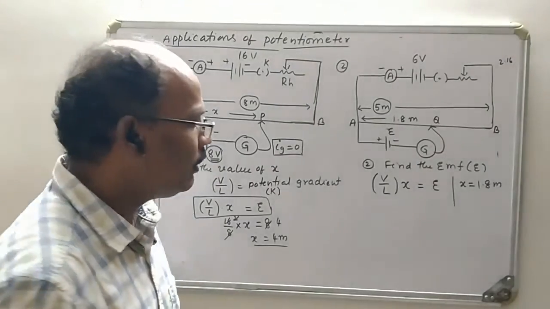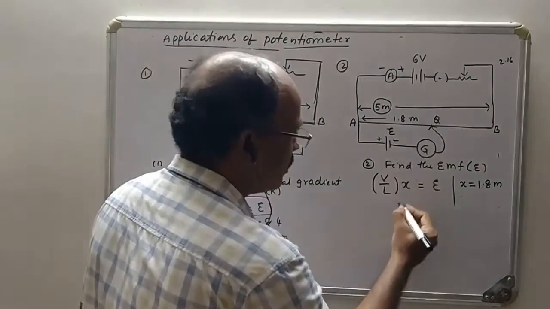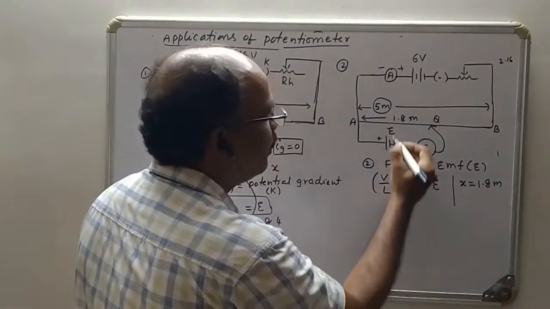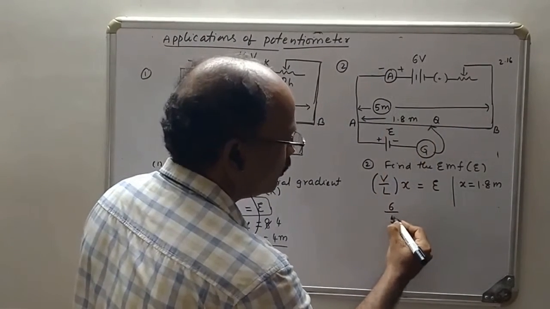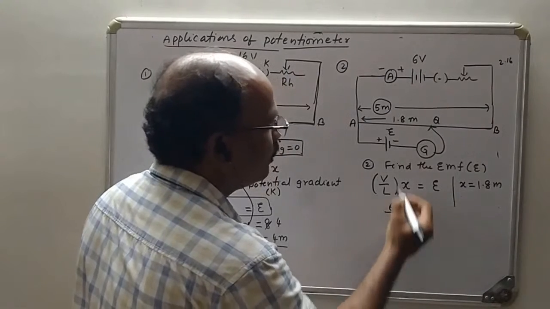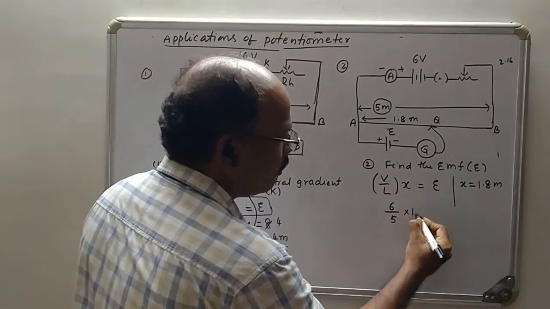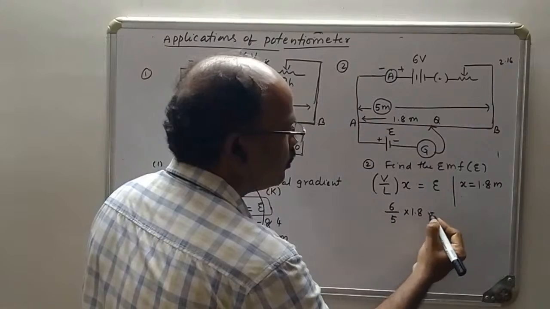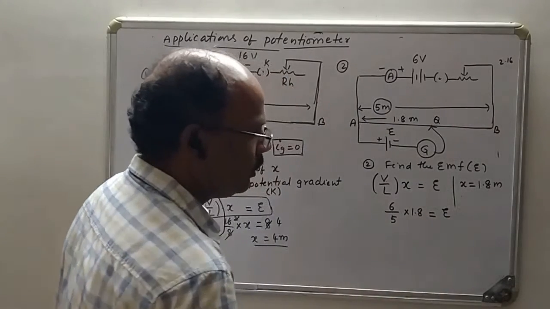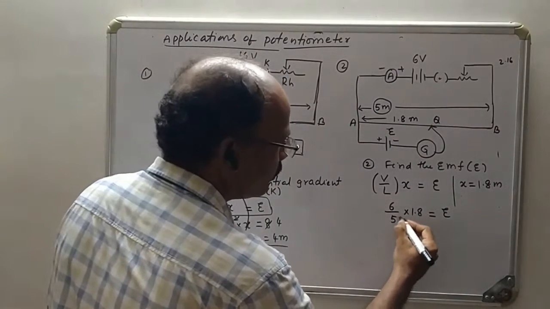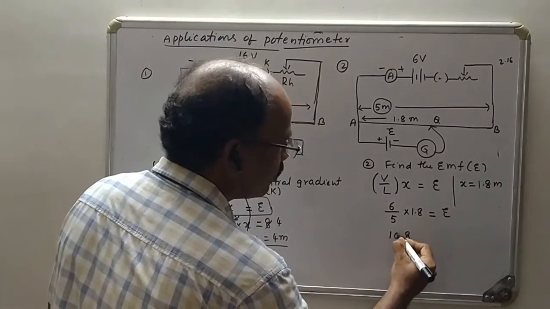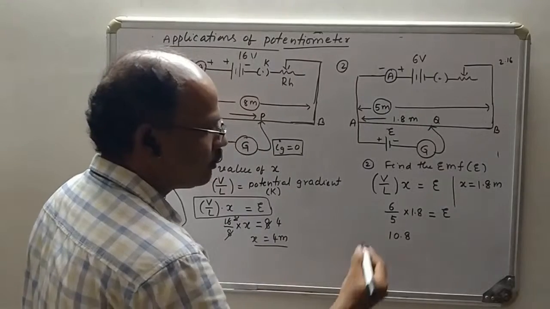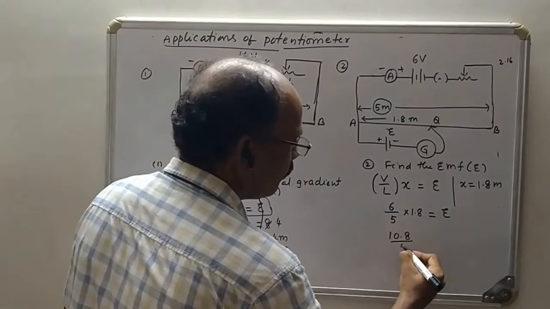Okay. Then we can write V by L means 6, V means 6 volts, L means 5, the total length. Multiply by the value of X, 1.8, which is equal to E. So we can multiply 6 by 1.8, which gives 10.8 by 5.